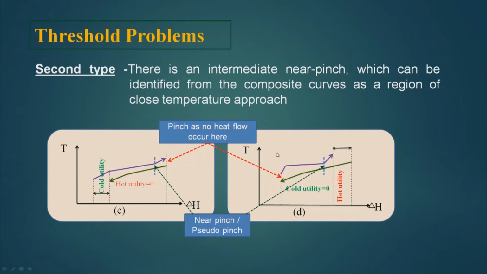Similarly, here this is the non-utility end where the cold utility requirement is 0, but here there is a hot utility requirement. So, when we go away from here, we find a zone where the delta T is very small, and this will be called a near pinch or a pseudo pinch area.